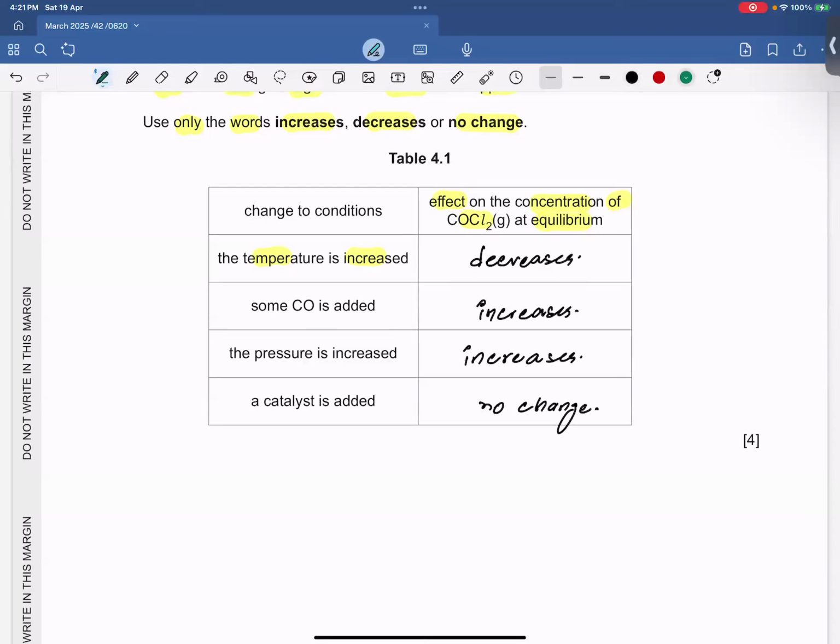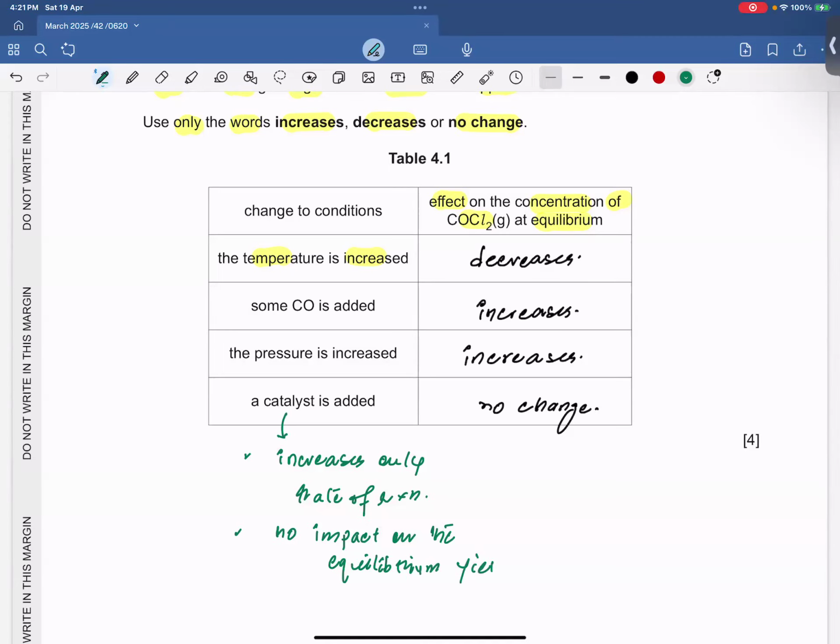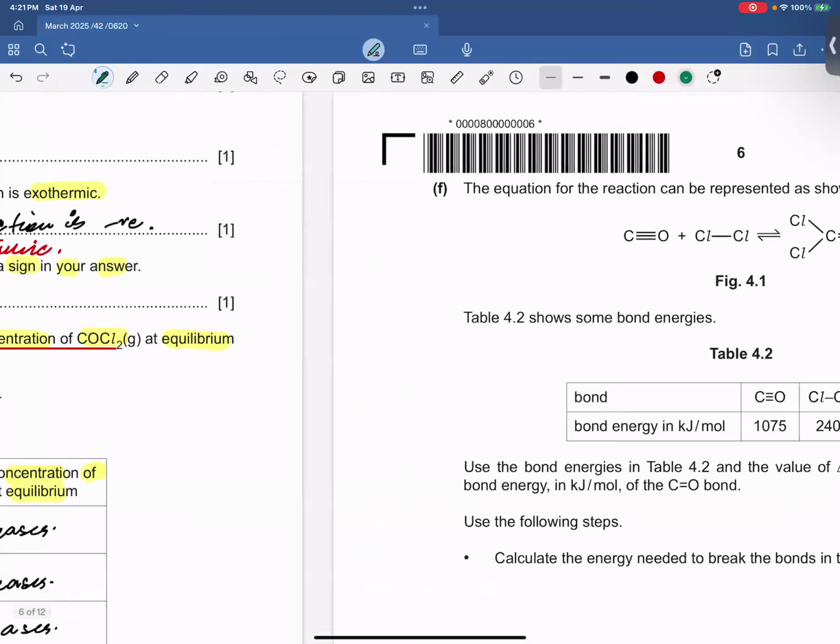So a catalyst increases only the rate of reaction, with no impact on the equilibrium yield and so concentration.